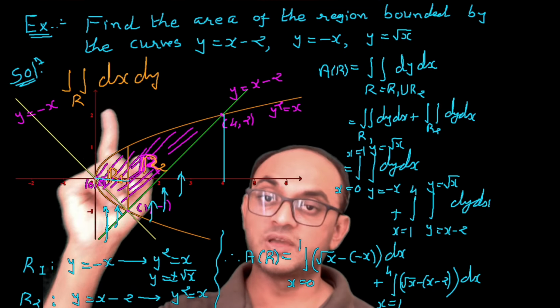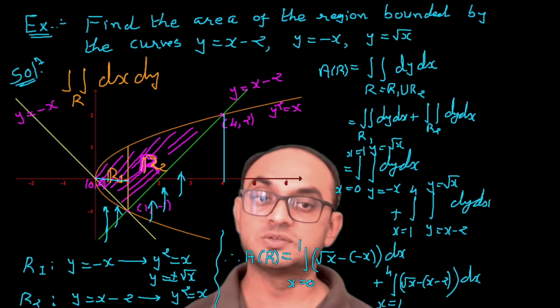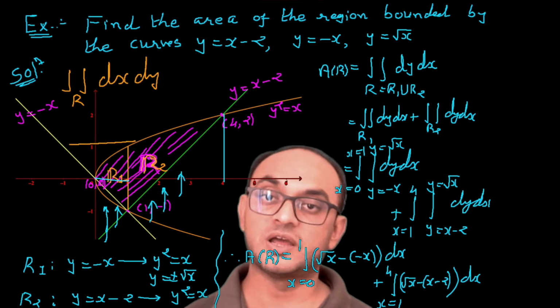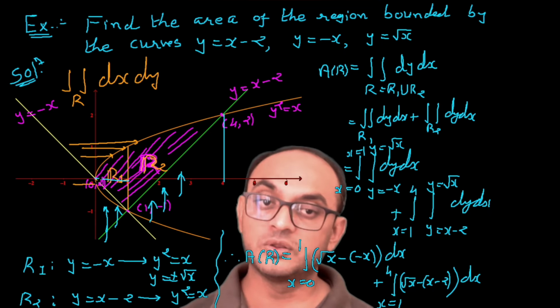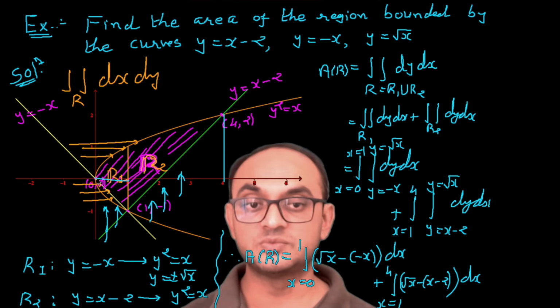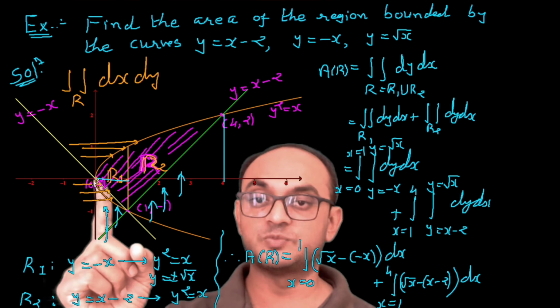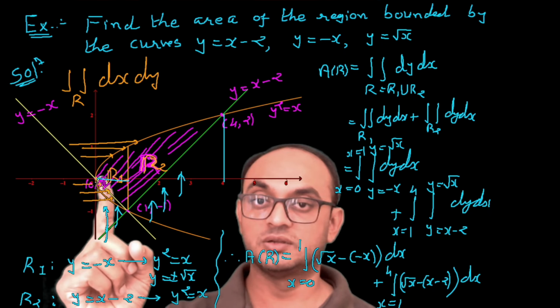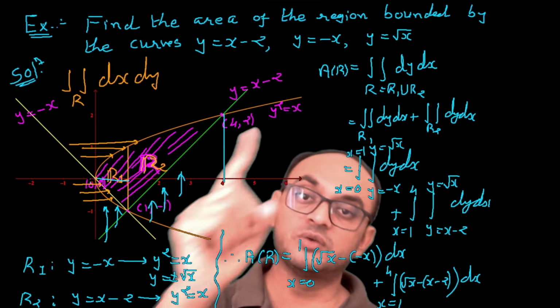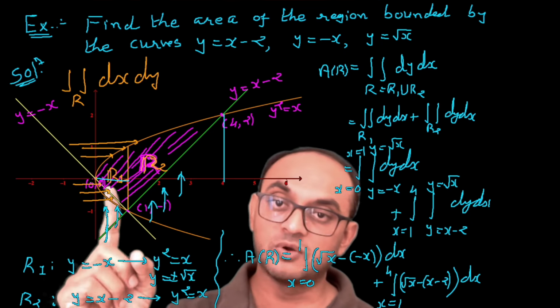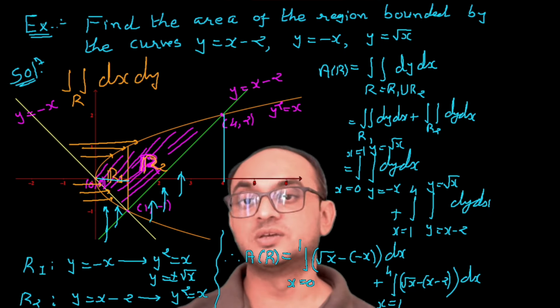For the limit of x, you need to draw the horizontal line. Whenever you are drawing the horizontal line, you are entering this region from this side, or you may enter from this other side, because this point is the corner point. So you are entering either from the curve y square equal to x, or from the line y is equal to minus x.